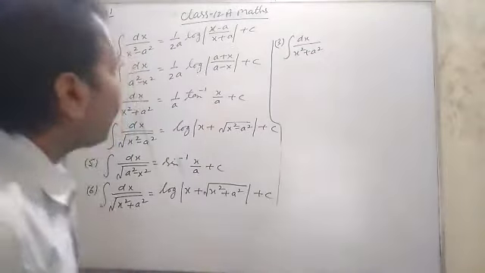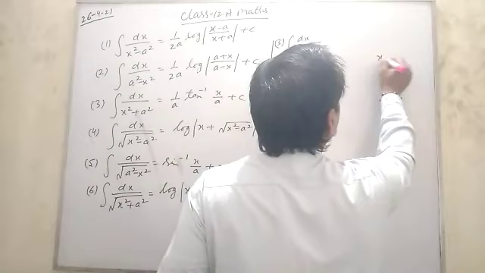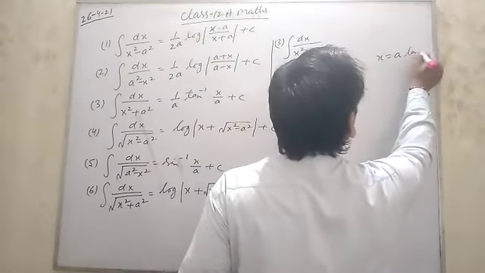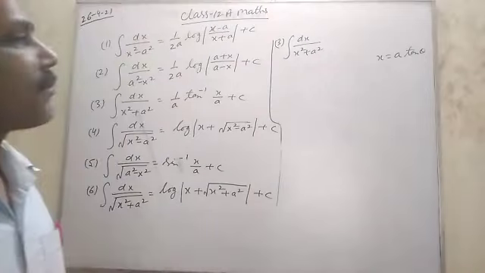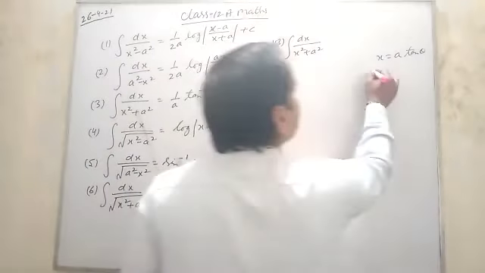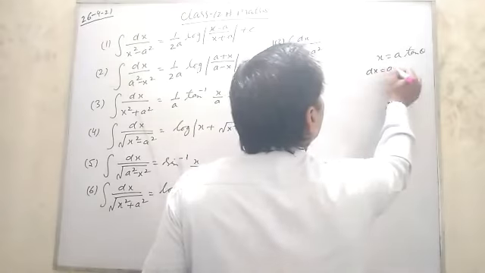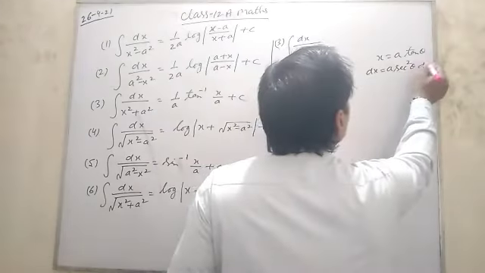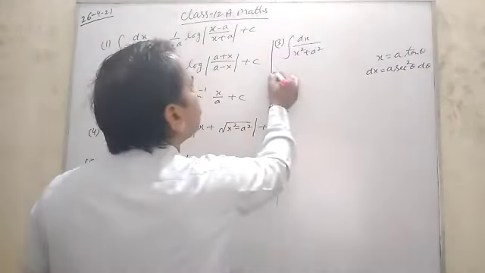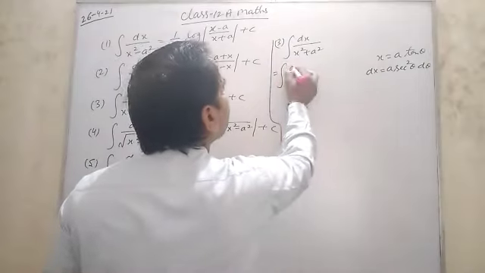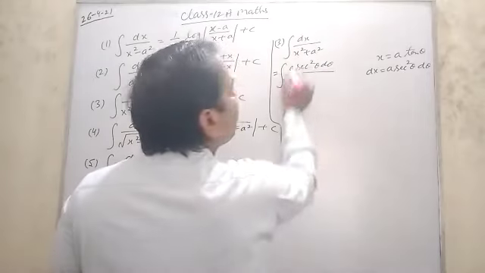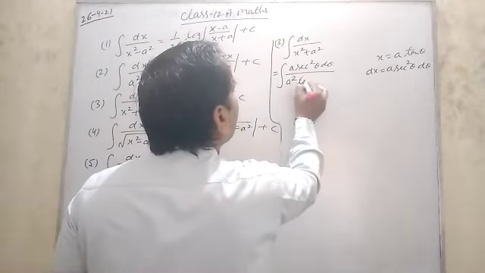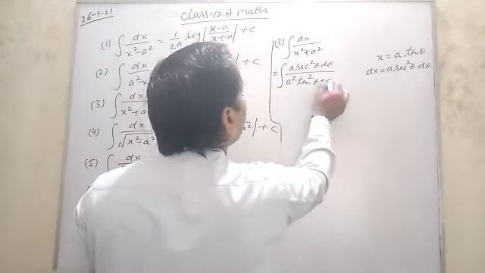So here suppose x equals a tan theta. Then differentiate, so dx is equal to a sec square theta d theta. Then put here, in place of dx, a sec square theta d theta, upon, in place of x, a square tan square theta plus a square.